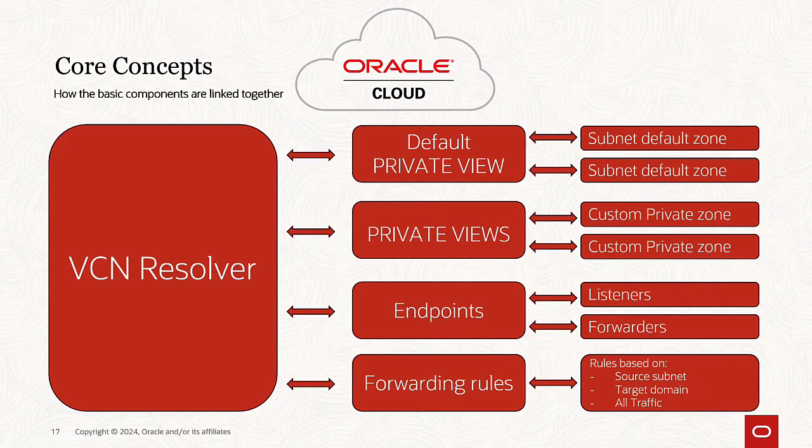The target domain means that queries to a specific domain, for example, google.com, will be forwarded to an external DNS endpoint. And finally, we can choose to forward all the DNS traffic to an external DNS endpoint, selecting the rule based on all traffic.